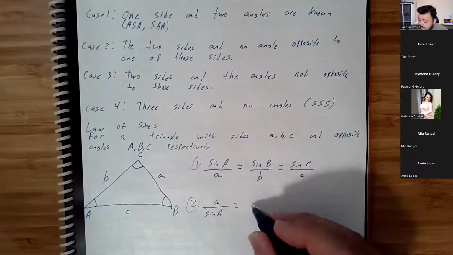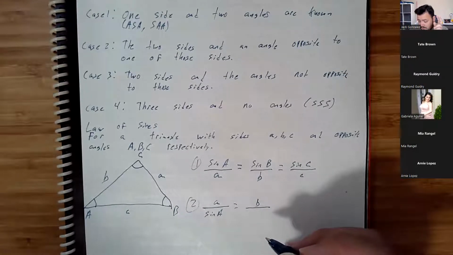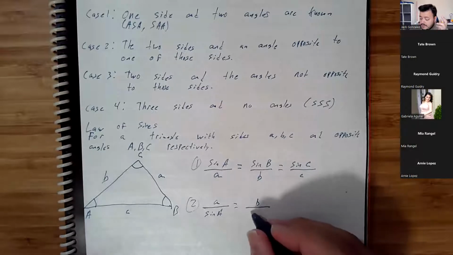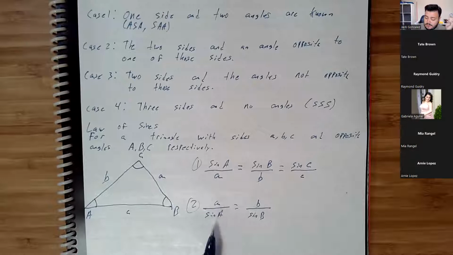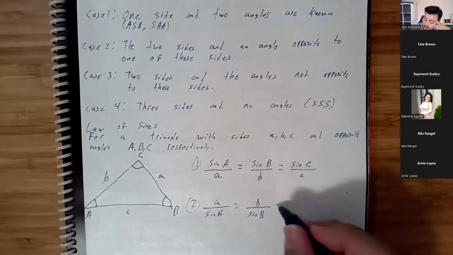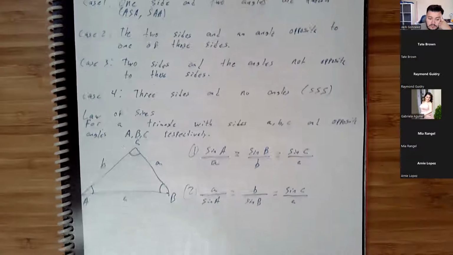This step is not necessary, but I like to create two of them, so I can use the easier one. If I need to find a side, I use the one where the sides are on top, so I do less algebra. If I need to find an angle, I use the top one. Of course, it doesn't matter. It's just a preference.